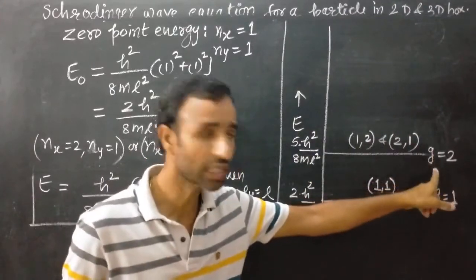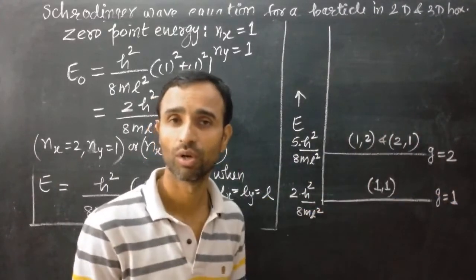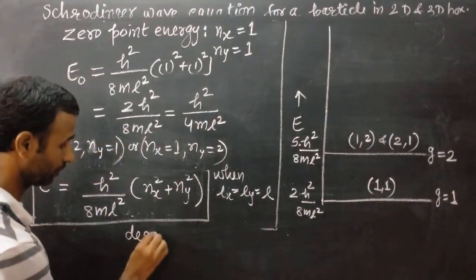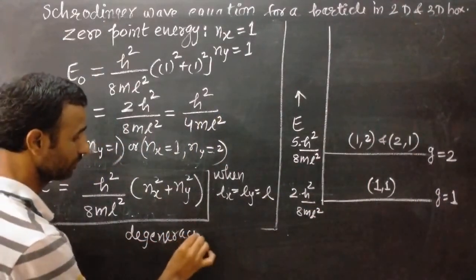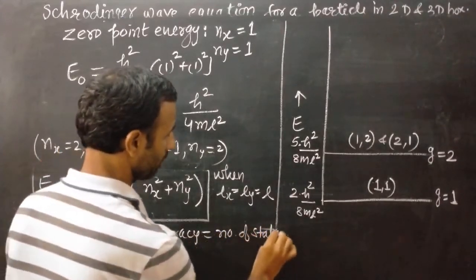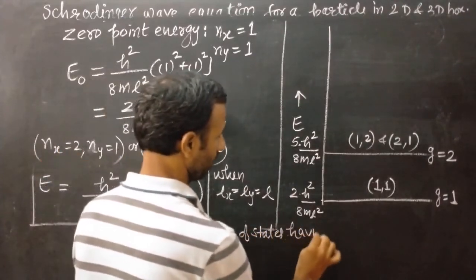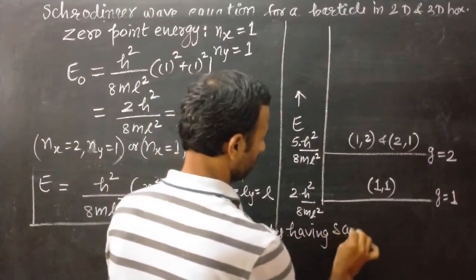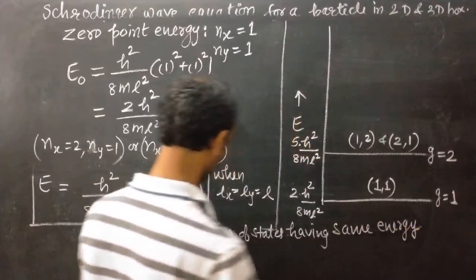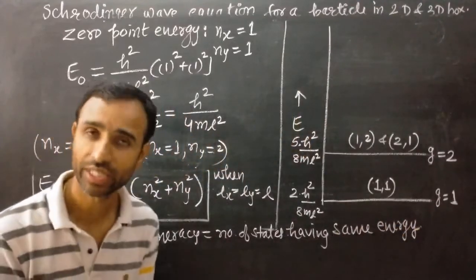That's why the degeneracy of this state is 2. Degeneracy is the number of states having the same energy, and those are called degenerate states.